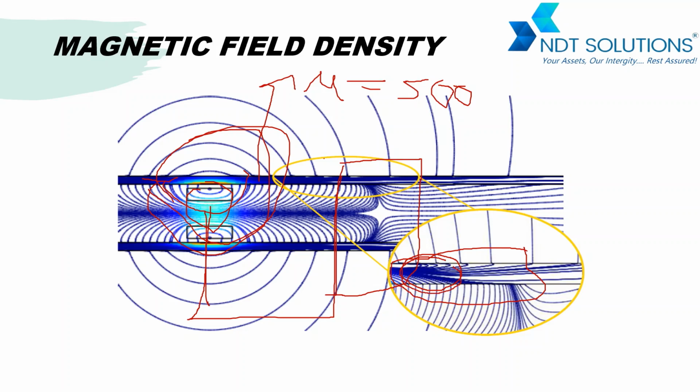But after this region, you can see the magnetic field is almost parallel to the axis of the tube. So this field can be used for further inspection. When there is a leakage, a defect, or a permeability change due to any kind of discontinuity, this will give you a value in terms of phase and amplitude, which can be used for further analysis.